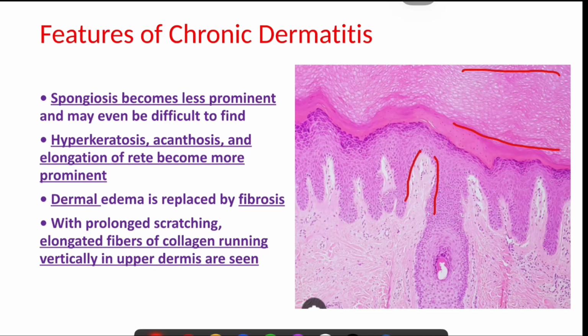Acanthosis is the thickening of the epidermis, and there is elongation of rete ridges, which is prominent in chronic dermatitis. And dermal edema is replaced by fibrotic vertical bands. Because of this prolonged stretching, these elongated fibers are running parallel in the dermis.